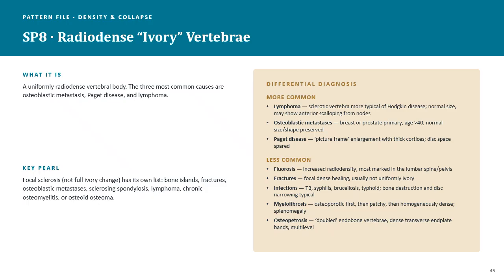It can be osteoblastic. When we say osteoblastic, we're talking about some sort of metastasis. It can be Paget's disease, or it can be a lymphoma. With osteoblastic mets, we're talking about a cancer, and that cancer is starting to spread throughout the bone.